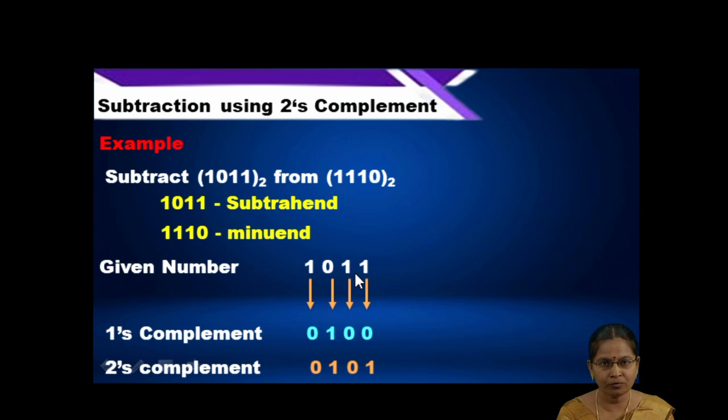First we have to find the 1's complement by replacing all 0s by 1 and 1s by 0. So we get the 1's complement value as 0 1 0 0. Next we have to add 1 to it. So we get the result as 0 1 0 1.